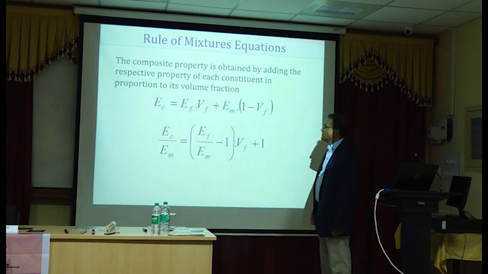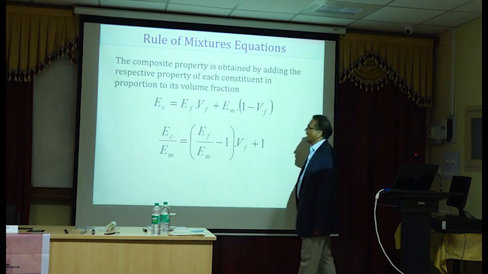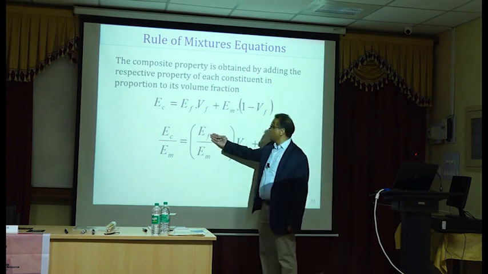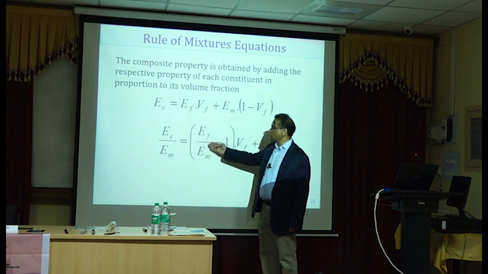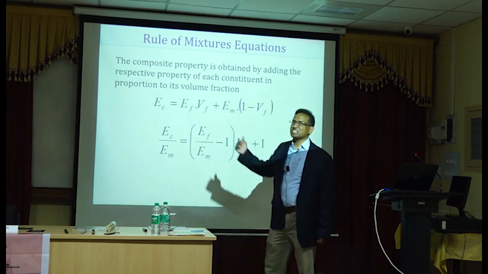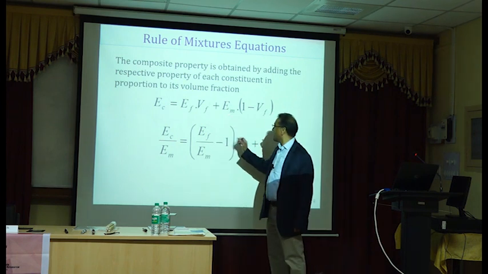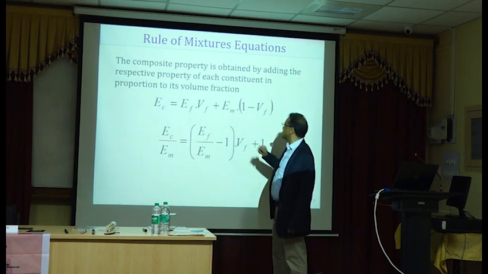So let's say I know EM, and I say let my EF over EM, which is a ratio of similar quantities, be 20. So for glass it's likely to be 20. So I plug in 20 here. 20 minus 1 is 19 times VF.